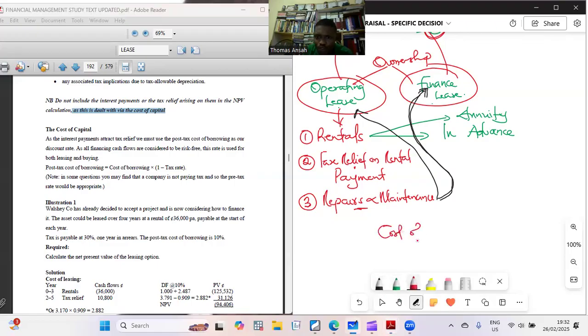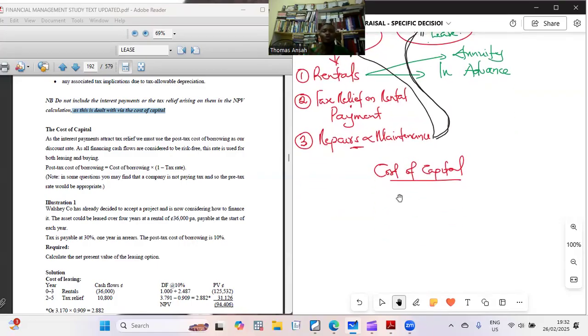that we will use to PV whether this option or that option is the post-tax cost of borrowing. So take note of that, the post-tax cost of borrowing. So if you get the cost of borrowing, then you will do 1 minus t, t being the tax rate. All right, so that is that. Take note of that.